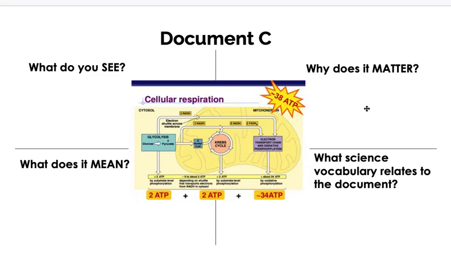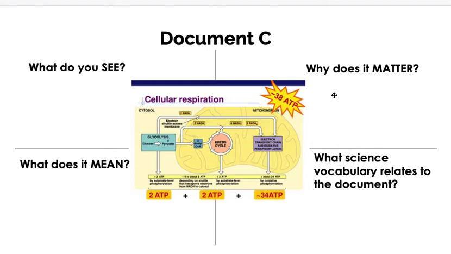Why does it matter? This document is going to matter according to your writing prompt because it produces energy. It produces carbon dioxide and water and energy. Carbon dioxide, water, and energy.